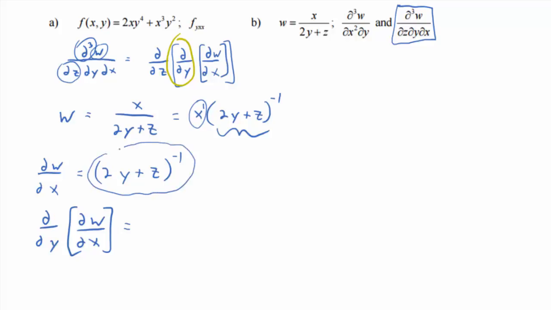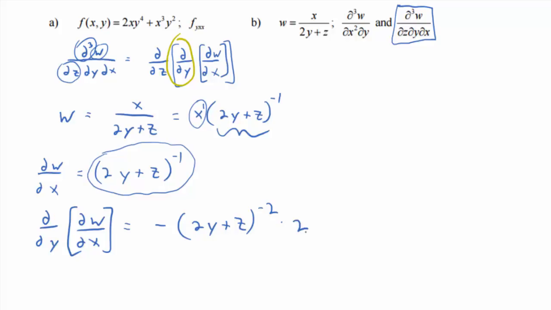That's not so bad. What do you have to do first? Bring down the exponent, it's the power rule. 2y plus z to the what? Subtract 1. But then you have to remember calculus 1 chain rule: times the derivative of what's inside those parentheses with respect to y. So just times 2.